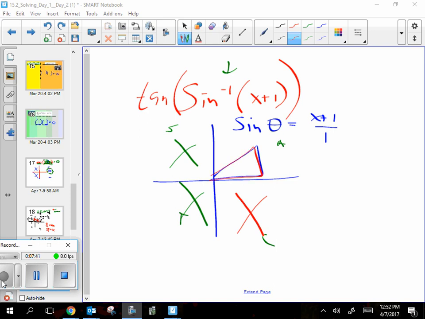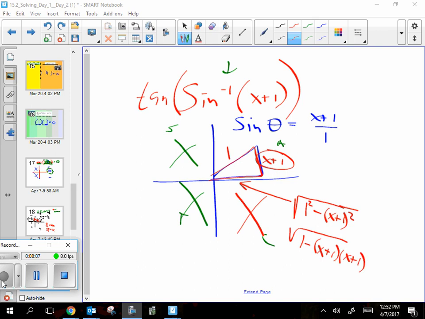So sine is opposite over hypotenuse, and then what is that side? That becomes the key to the whole question. It's the square root of 1 squared minus the other 1 squared. 1 squared, which is 1, minus x plus 1 quantity squared. Now, if you wanted to work that all out, you could say 1 minus x plus 1 times x plus 1.